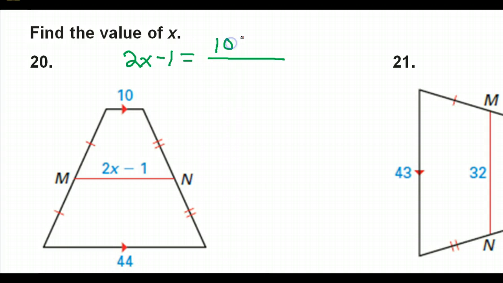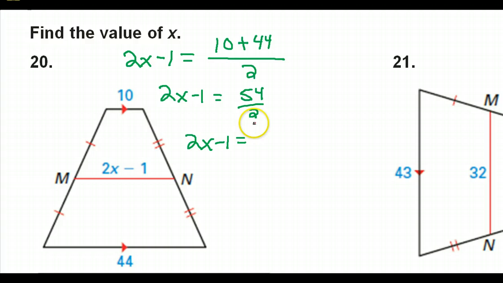So 10 plus 44 divided by 2. Okay, so that means 2x minus 1 should equal 54 divided by 2. 54 divided by 2 is 27.